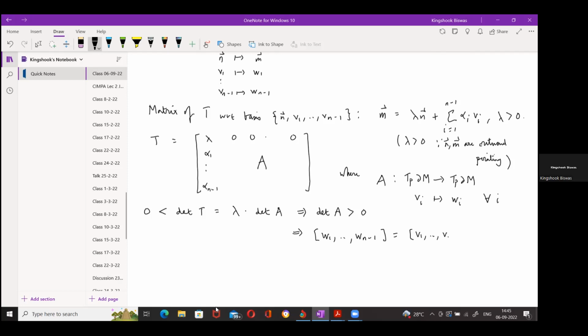Therefore mu P tilde, the orientation on TP boundary M, is well defined. Is this okay?